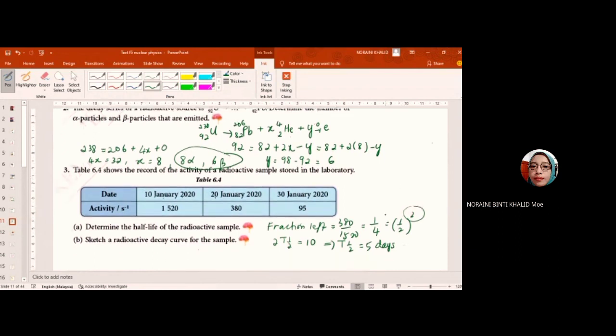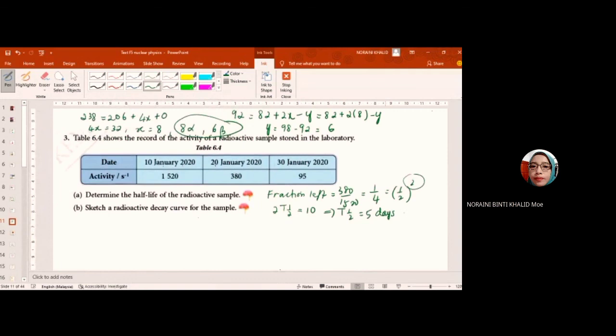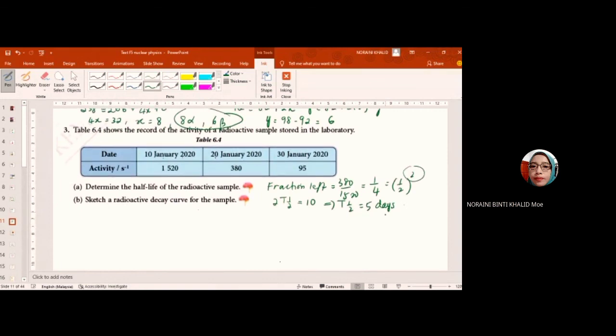Okay. Sketch the radioactive decay curve for the sample. You can look at this one. The y-axis is activity. The x-axis is time, which is in days.